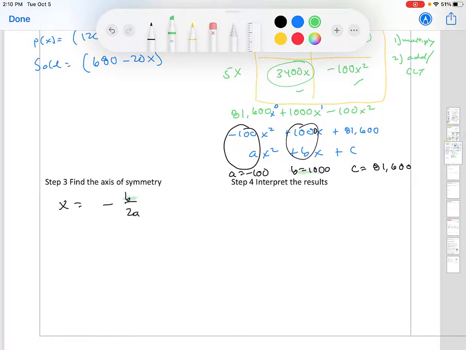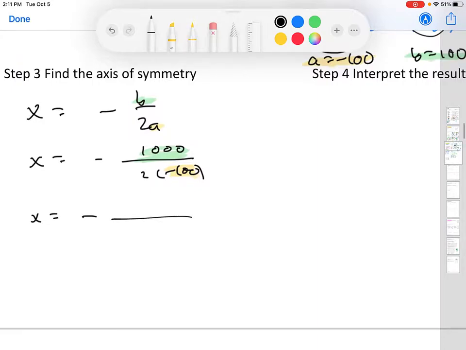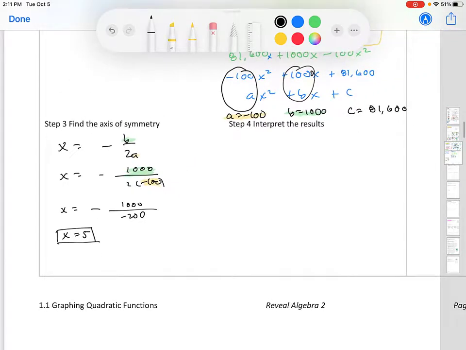So my b value is 1000. My a value is negative 100. So I'm going to have 1000 divided by negative 200. Feel free to use your calculator. 1000 divided by negative 200 is going to equal negative 5, and the opposite of negative 5 is positive 5.